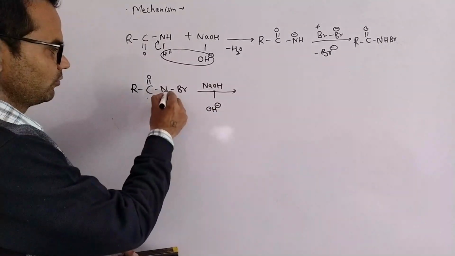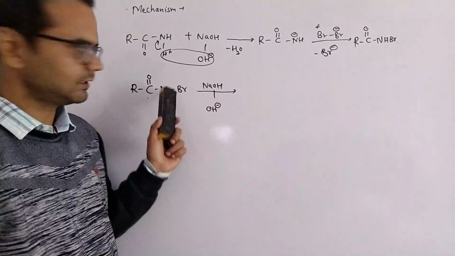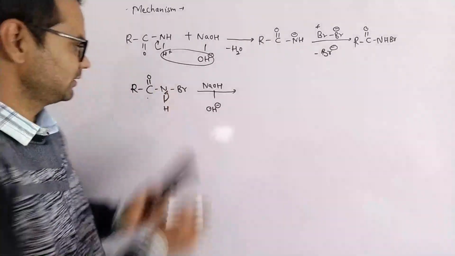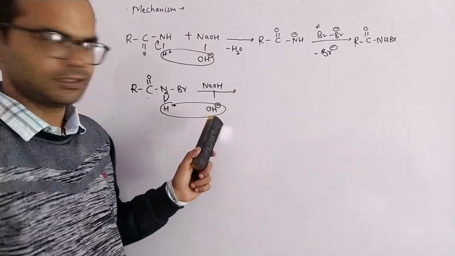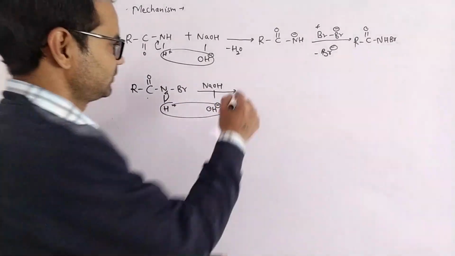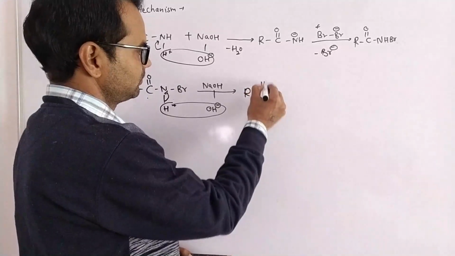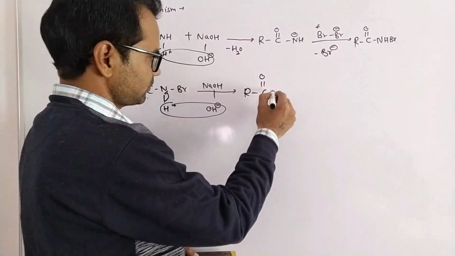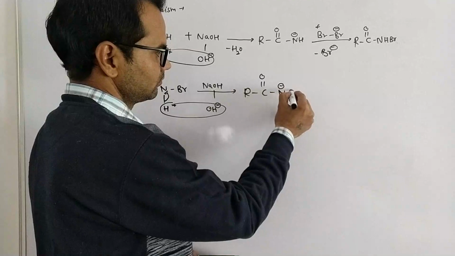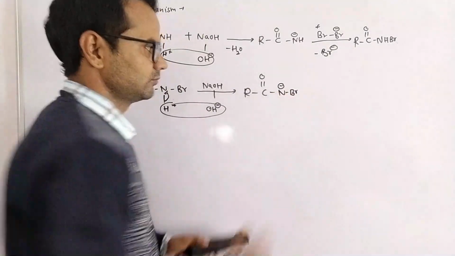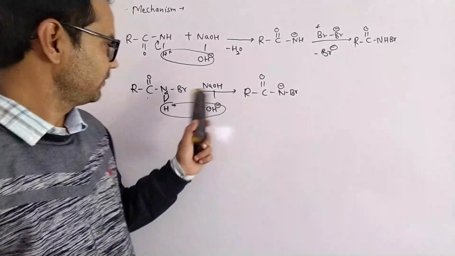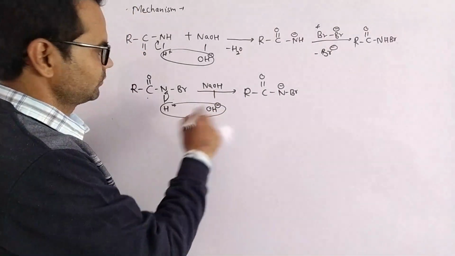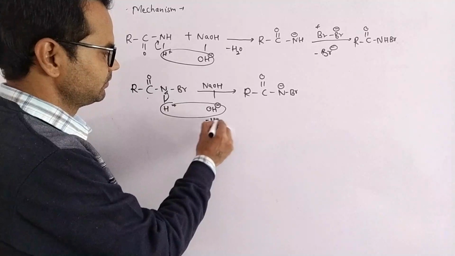So these electrons will move towards nitrogen. As a result, nitrogen will carry a negative charge. This H positive will combine with the hydroxide ion. Now there is a negative charge on nitrogen, and a second water molecule is eliminated.